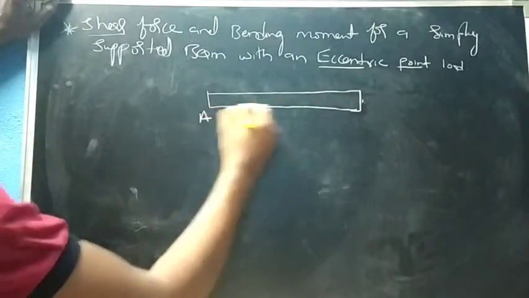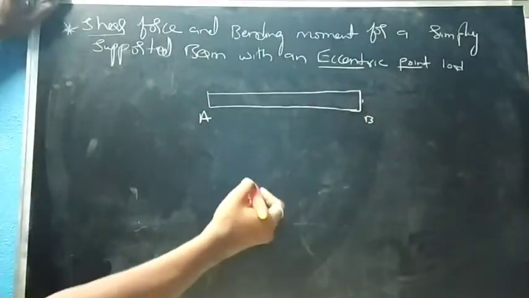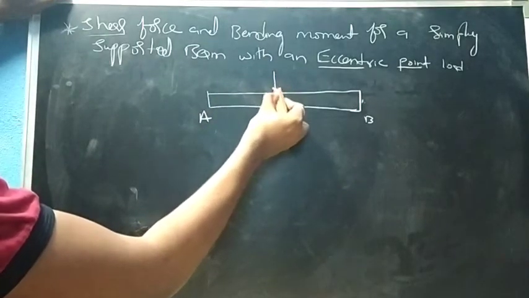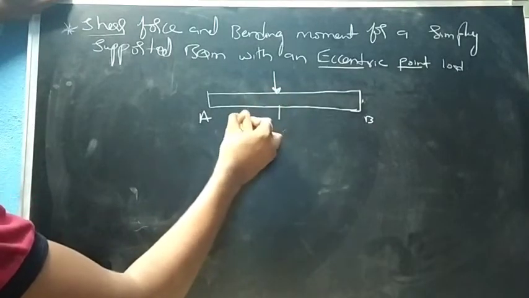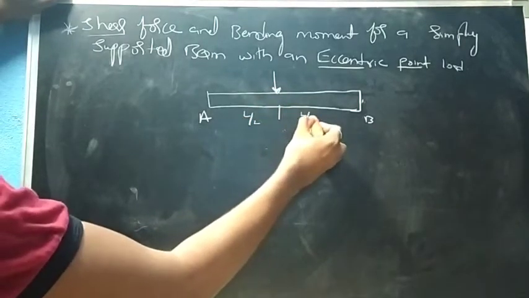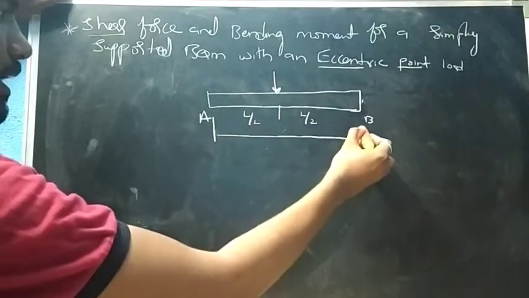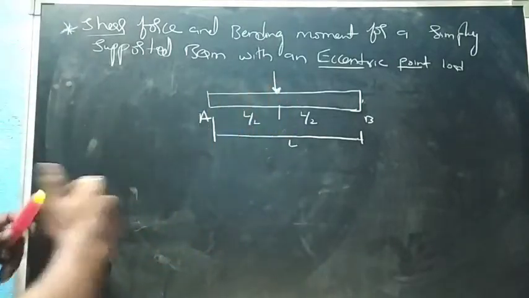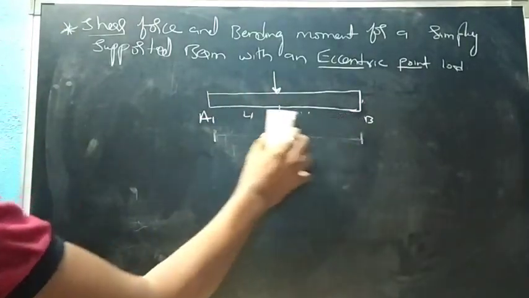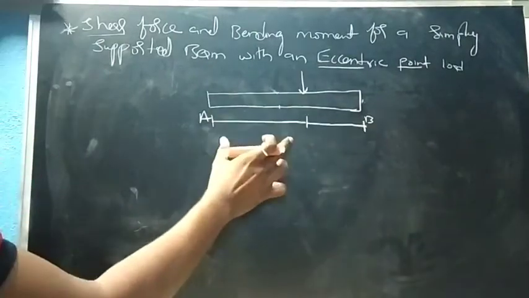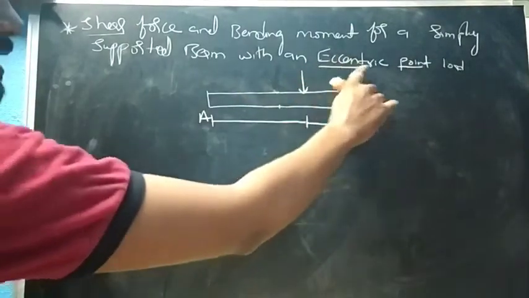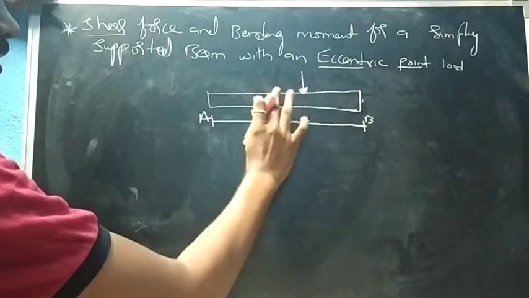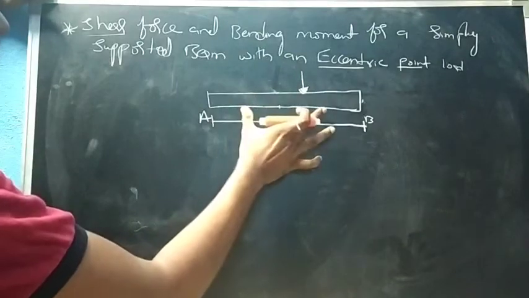Let's give the names A and B. If the point load is acting at the middle, we know the lengths will be L by 2 and L by 2 if the total length is L. But now in this case we are loading it eccentrically. That means the load is not acting at the middle of the span.